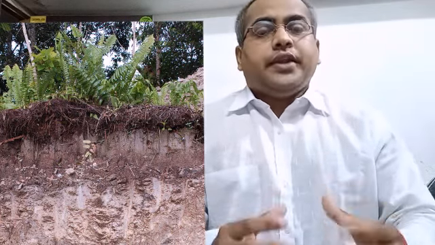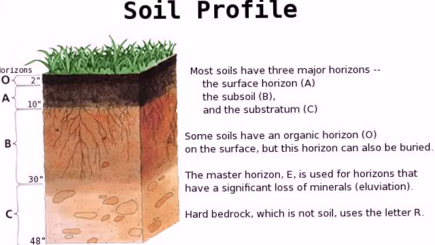Because of the temperature, the rocks will expand, and in the night when the temperature is low, the rocks will contract. Over several years, by this process of contraction and expansion, cracks appear. In these cracks water will fill up, and because of the cold, the water will convert into ice and create pressure on the rock, and by this the cracks will become deeper and the rocks will separate from each other and the formation of soil will take place.